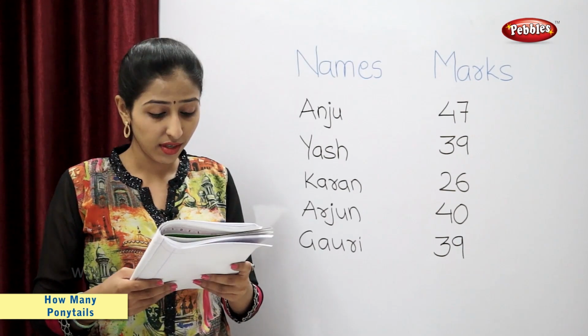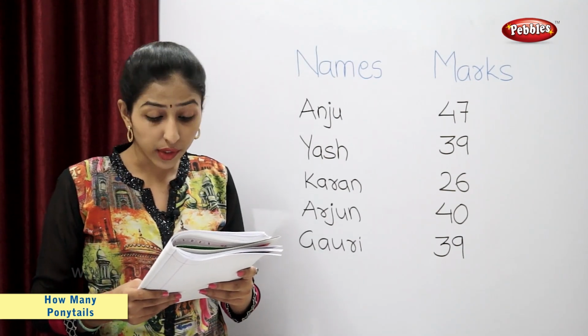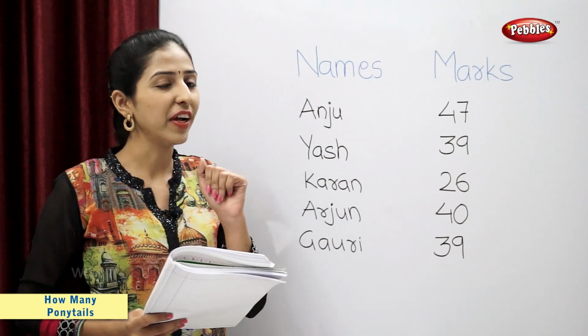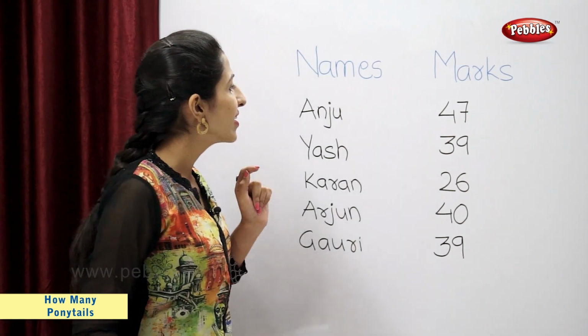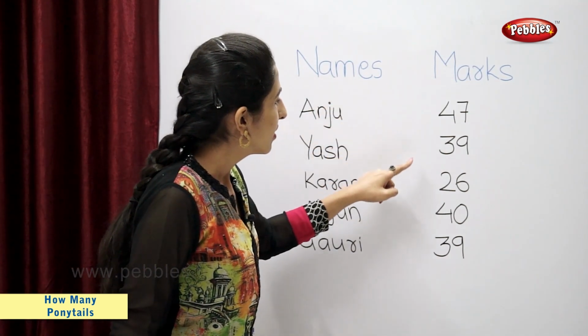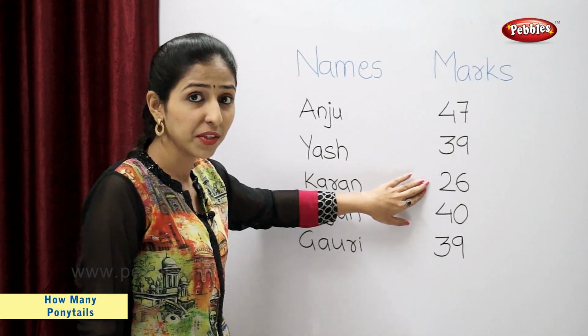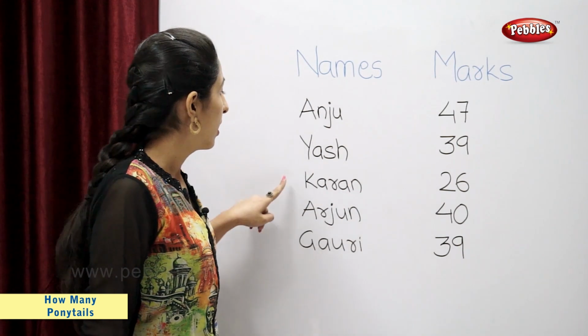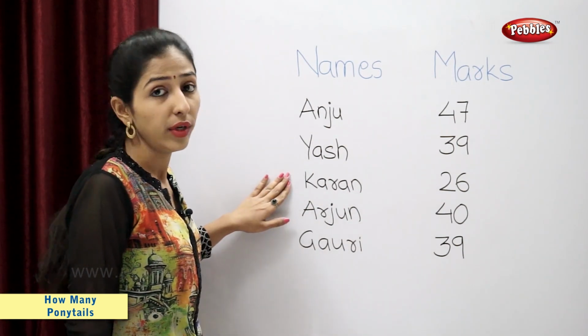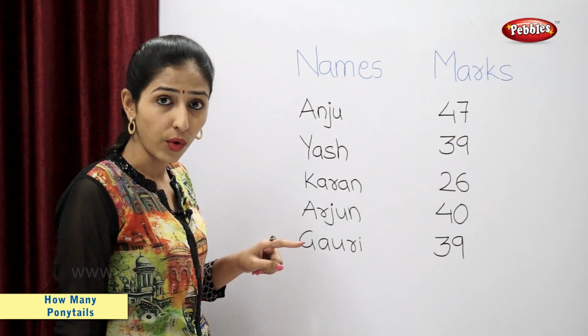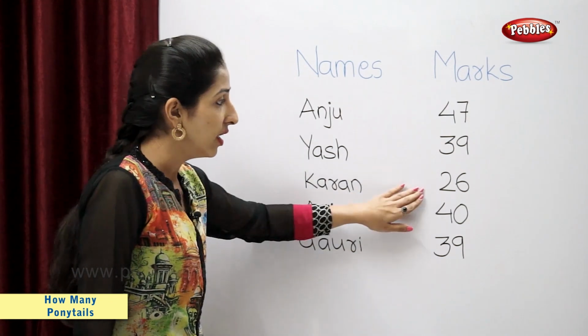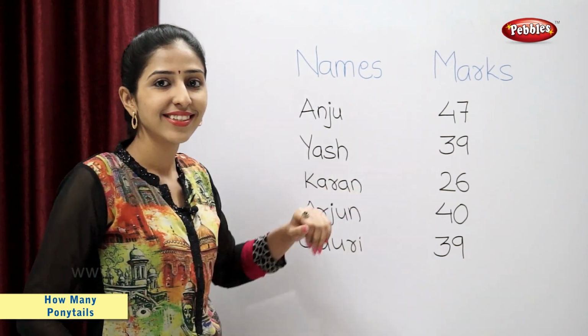Tell me students, who scored the lowest marks? Let's find this out. 26 are the lowest marks. And Karan scored 26 marks. So, Karan scored the lowest marks.